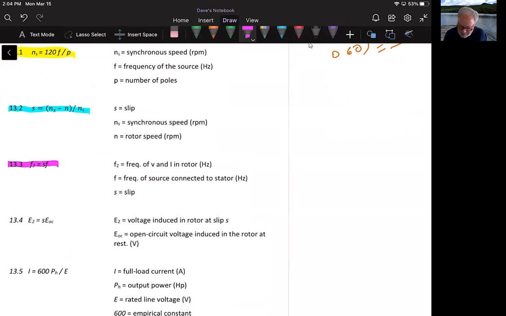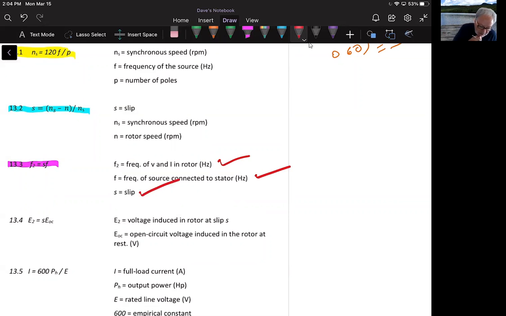What I'm saying here is F sub 2 is an indication of the frequency of the voltage and the current in the rotor. And of course, F is going to be the frequency of the source, and S is going to be slip.